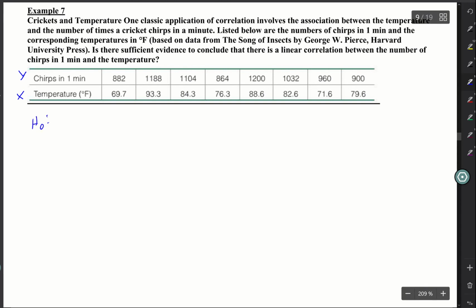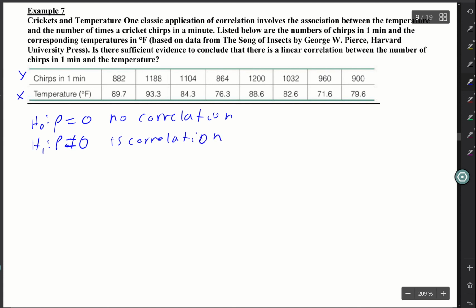My null hypothesis is still that rho equals 0, because the population correlation coefficient is equal to 0, so there's no correlation. Or the alternative is that there is correlation. So let's see what we're going to get for this.